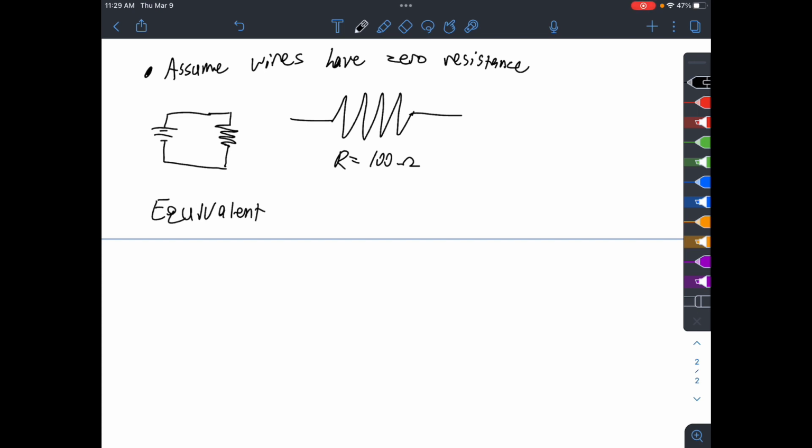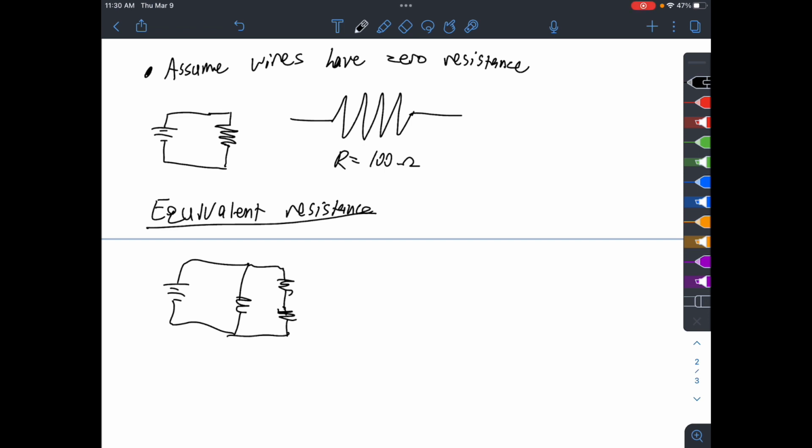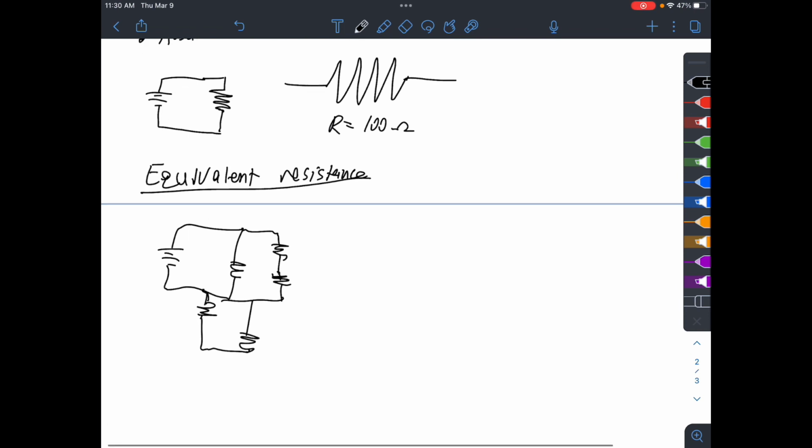Equivalent resistance, which is if I had a very complex circuit with lots of stuff going on, a resistor here, a resistor there, something like that, and then we have something here. There's a lot of stuff going on.